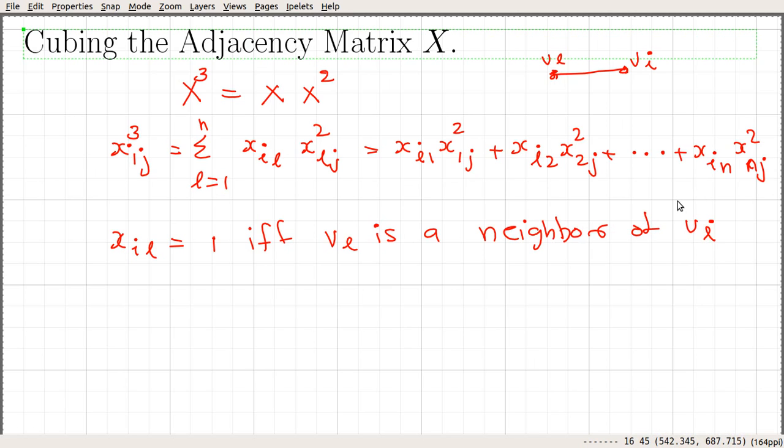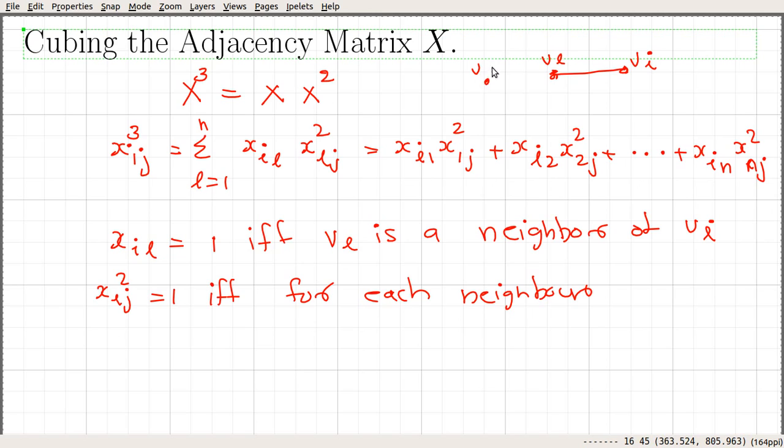And we can very easily see that the second term, xlj², is equal to 1 if and only if, for each neighbor VL of Vi, we have something like this, and this is Vj.